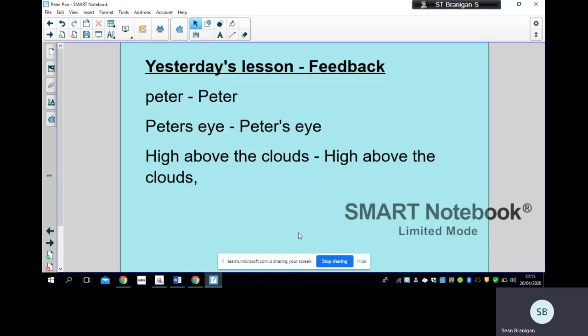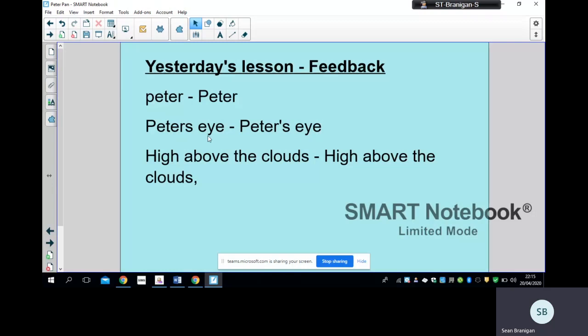Just before we do start, I just want to go over some of the things that I noticed yesterday in your work. There were children that were making really simple mistakes. Now, I don't know whether this is because you don't know where the apostrophe is on the keyboard or where the capital letter is. I'm sure if you speak to your parents, they'll be able to show you. There were simple mistakes like Peter being spelt without a capital letter.